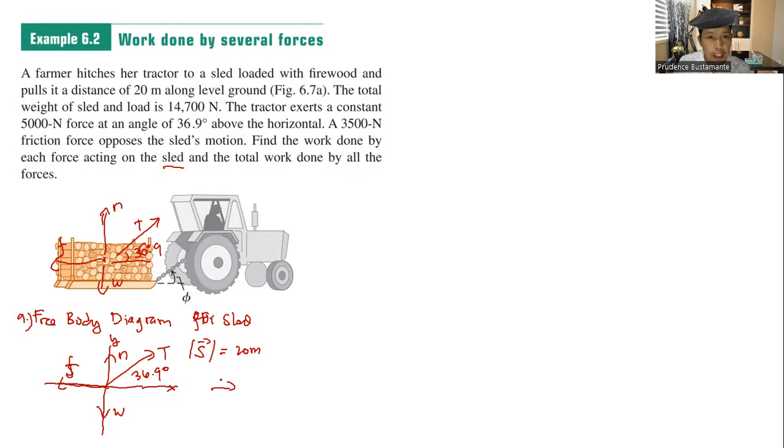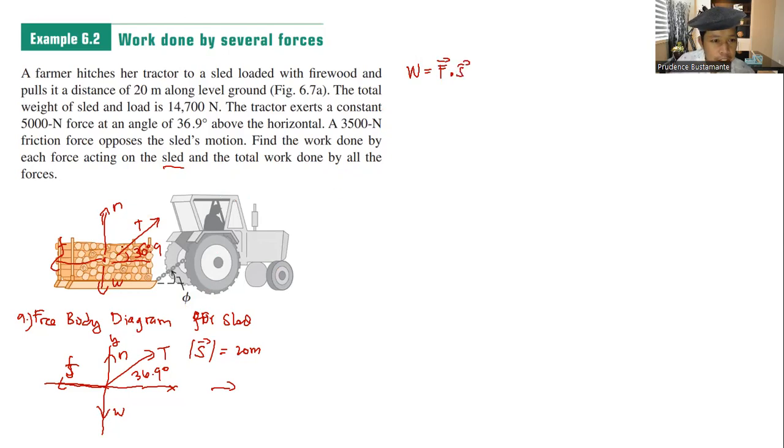So the question now is, find the work done by each of the forces acting on the sled and the total work done by all the forces. How do we answer this one? First, let's go to the definition of work. The work is just equal to the force times the displacement.